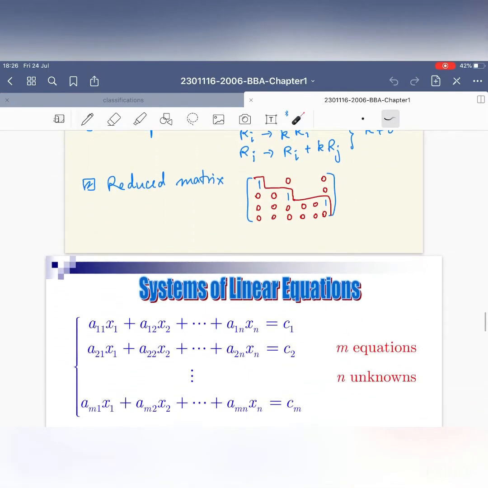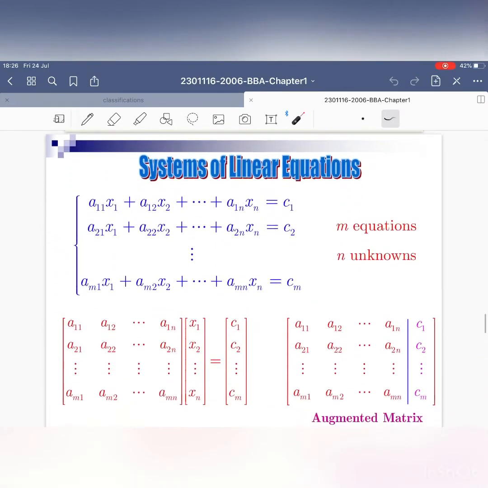So today we are going to go further into the system of linear equations, which we did mention before. But for this clip, we are going to make it more general. Here you have m equations. You see the first equation indicated by C1, the second equation by C2, and then the last equation by Cm.